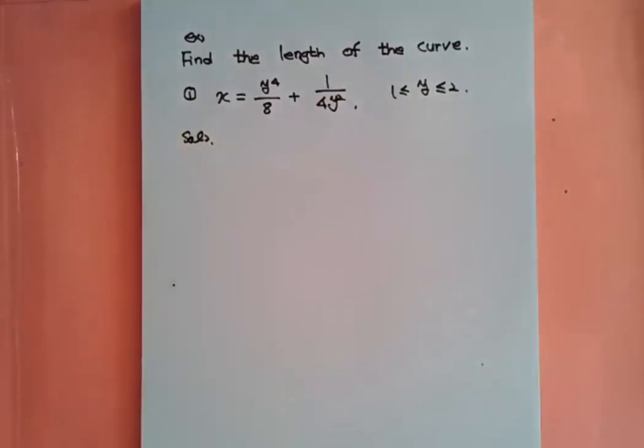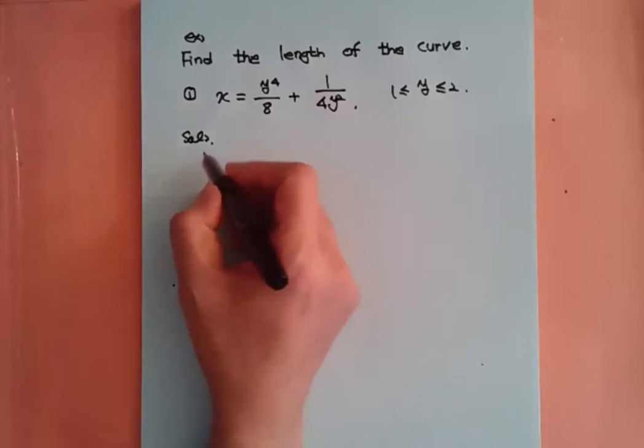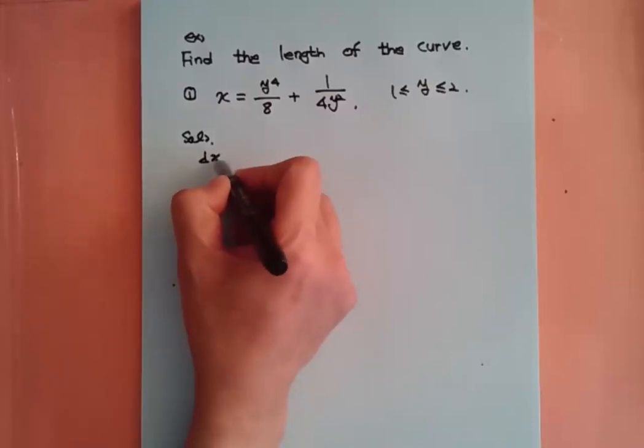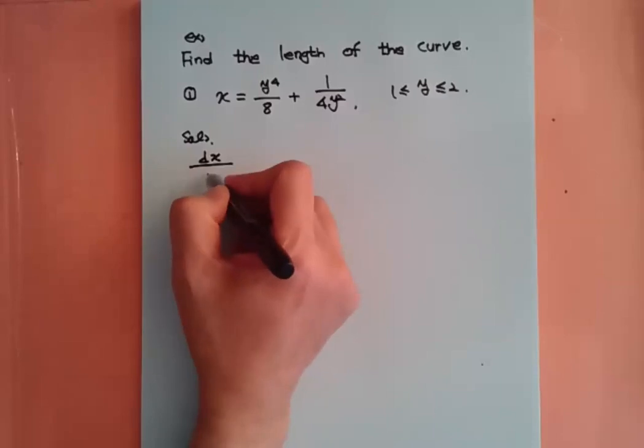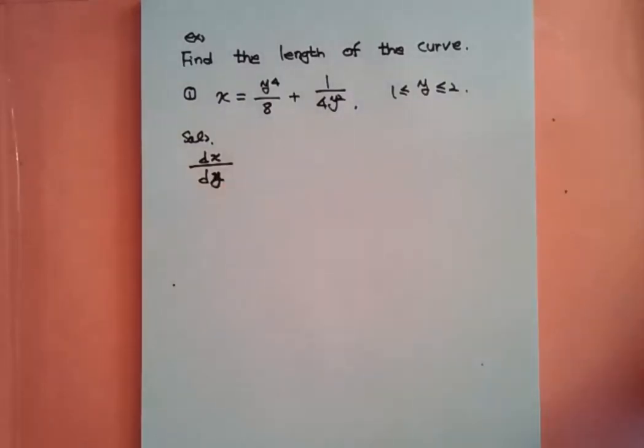So as I said, the only difference between the problem patterns is that everything is the same, but x and y positions are switched. So instead of thinking about dy over dx, we think about dx over dy.